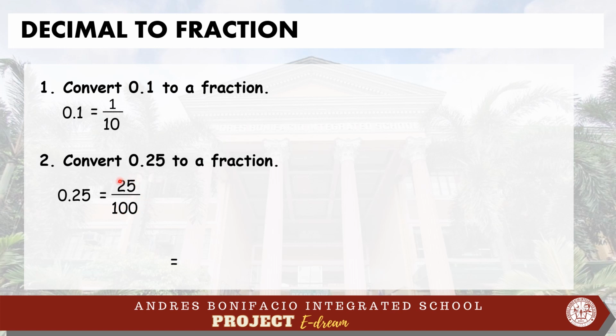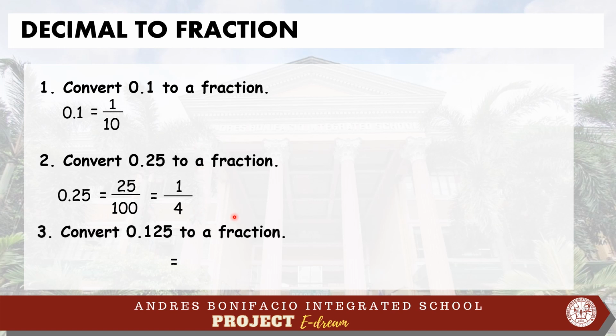But this one class, we can still reduce this into lowest terms. So, ano po yung number na pwede nating i-divide? Both numerator and denominator. So, we can divide both numerator and denominator by 25. So, 25 divided by 25, we have 1. 100 divided by 25, so we have 4. So, therefore, 0.25 is equal to 1/4.